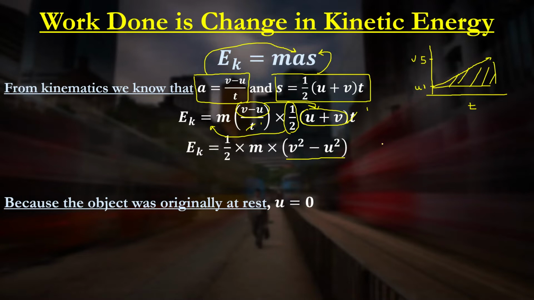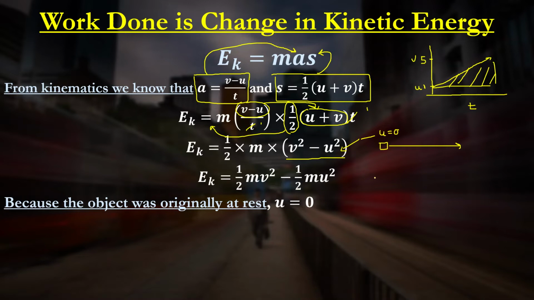Now we know, because the scenario we're talking about is an object that starts from 0, so if it starts from 0, it has no velocity at the beginning, so U is 0 in this case. So we can rewrite this as well, or we can expand it and we get this. So we get a nicely expanded equation.